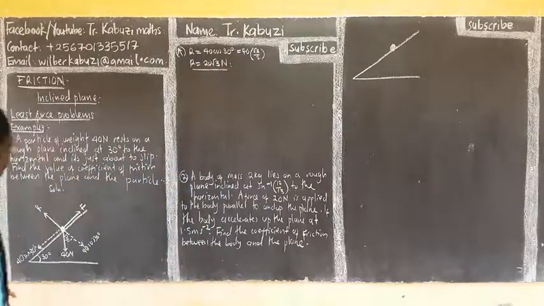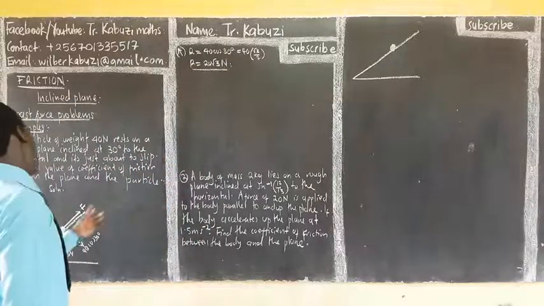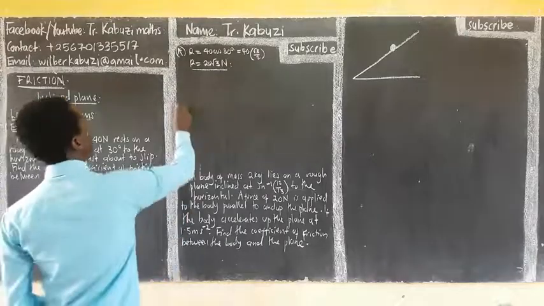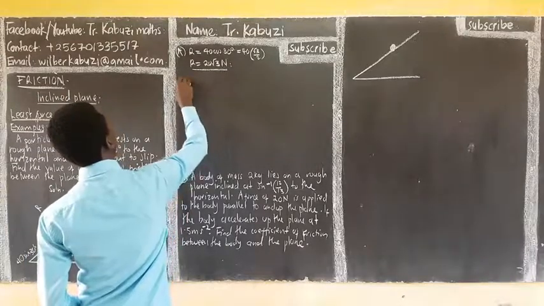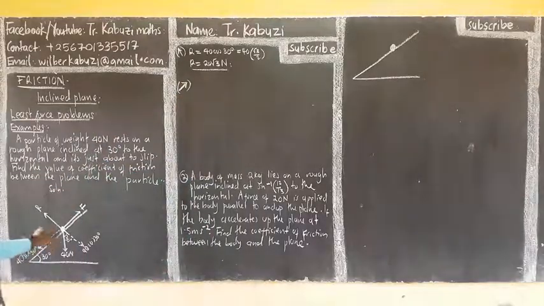Now let us resolve along the plane. Because the body is about to slide, it is just not moving, so acceleration is zero, meaning this force is balancing with this force.